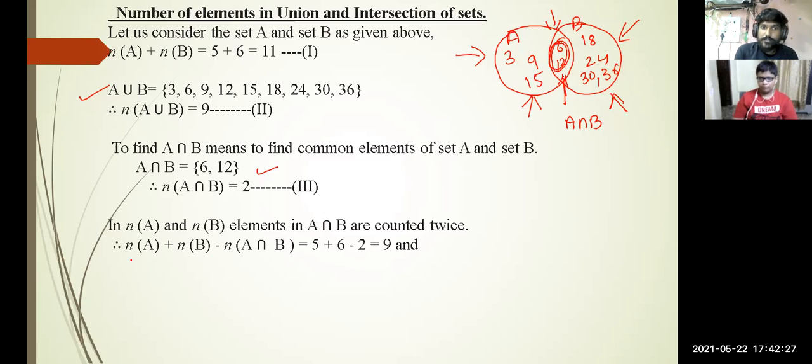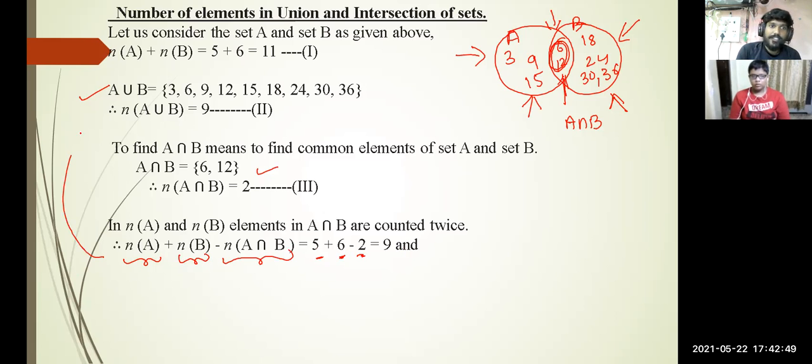So what you do is n of A plus n of B. From there, you subtract n of A intersection B. So n of A was 5, n of B was 6, and n of A intersection B is 2. So 5 plus 6 minus 2, that will be 9. And this 9 is the same as the union.